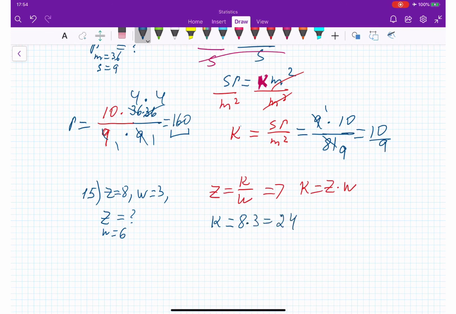And then I'm plugging all this information to z is equal k over w. So our k is 24 and w is 6. We are getting 4. So z is equal 4 in this case.